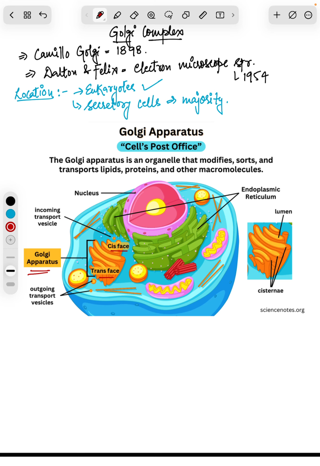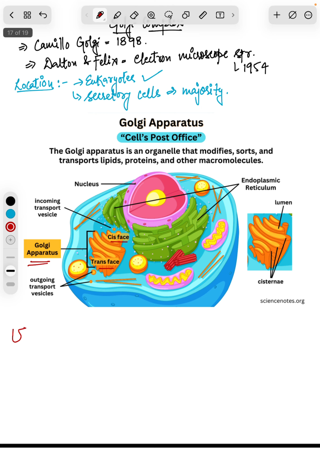The different parts of the Golgi apparatus, first is cisternae. They vary from 3 to 7 in most animal cells, and from 10 to 20 in plant cells. Cisternae may be flat but are often curved.